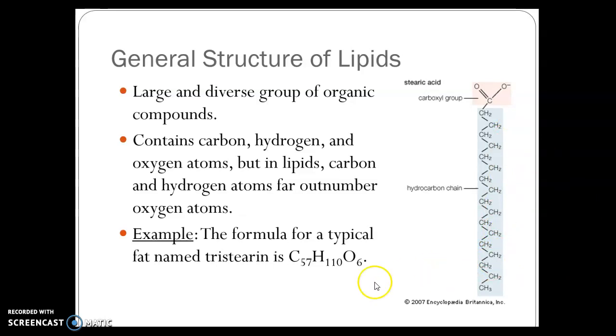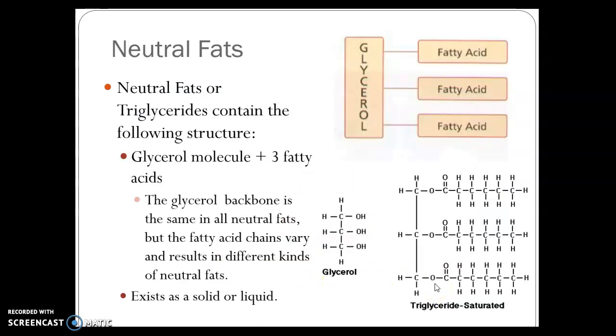So typical fat, this is tristearin, which is C57H110O6. So you can see that's a totally different combination than in carbohydrates. There's a lot more hydrogens and carbons than there are oxygens in a fat.